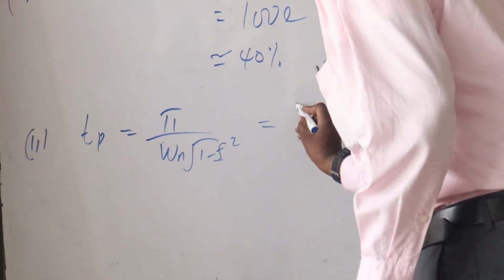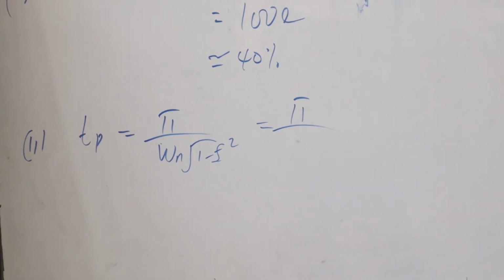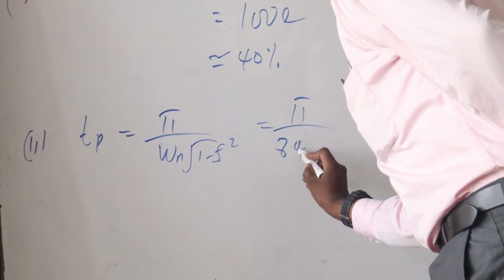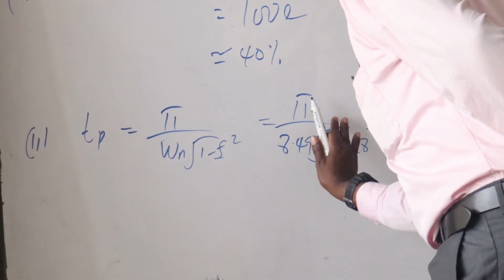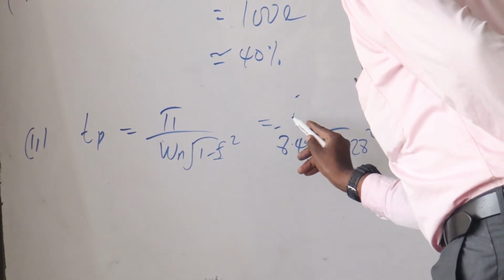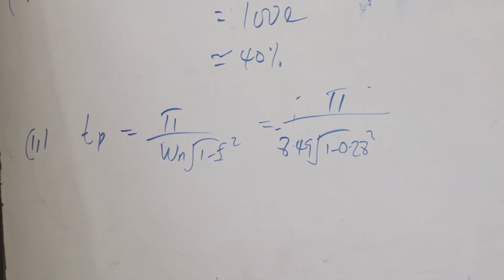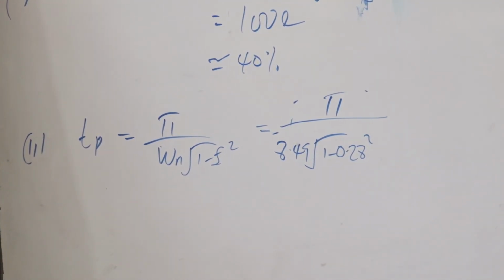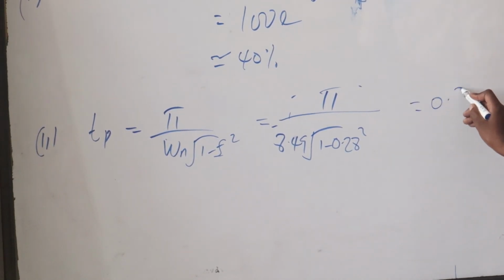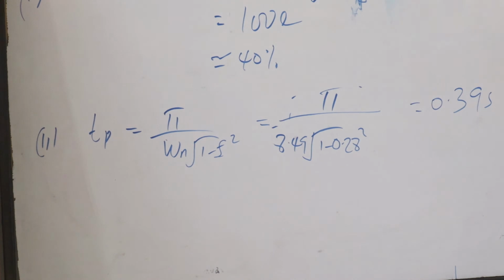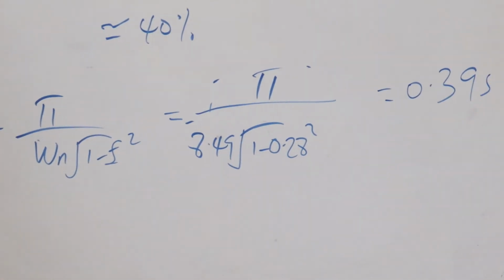We found omega n to be 8.49, so pi all over 8.49 root of 1 minus 0.28 squared. If we evaluate it further, we are going to get 0.39 seconds. Then that is now the third part of that question.